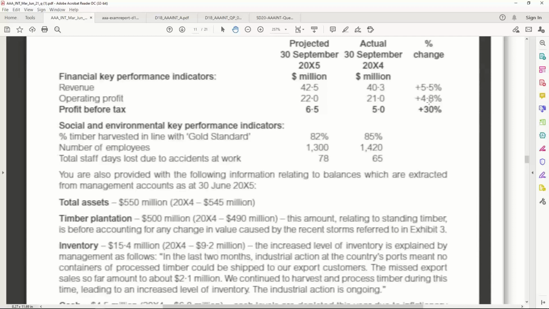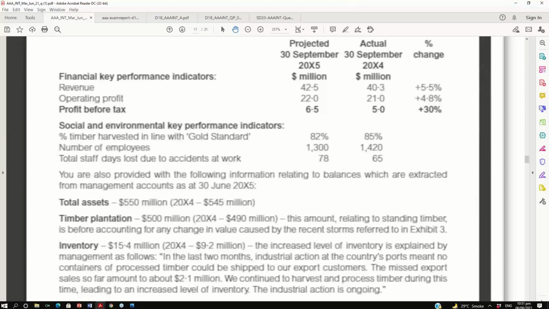So have you seen how much difference has come in between the December 20 exam and the June 21 exams in terms of the way the numbers have been presented? Have you seen the change, how the financial data was presented in December and how it was presented in June 21? I hope you appreciate that.